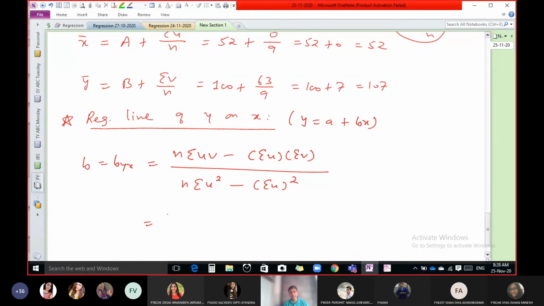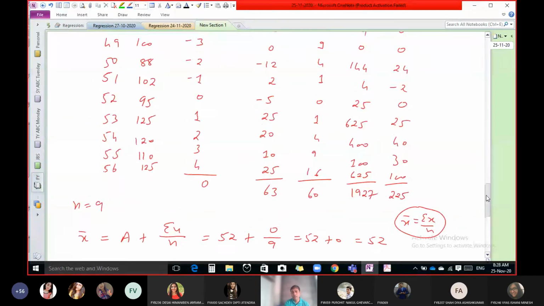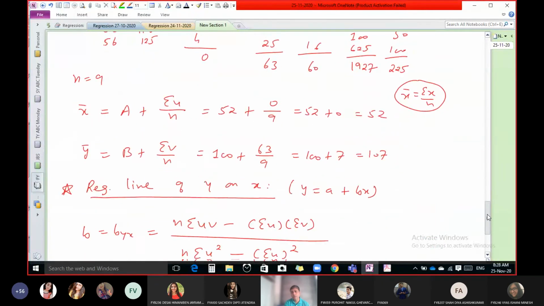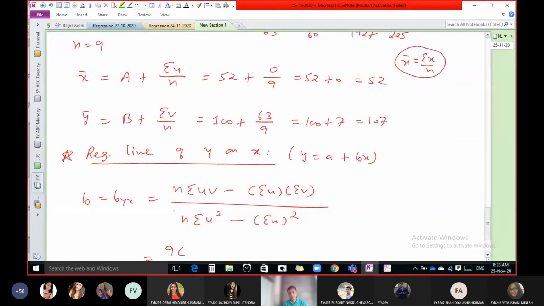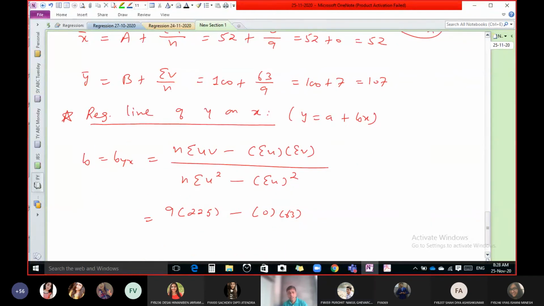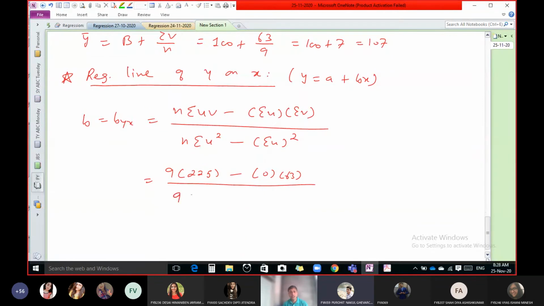Okay, what is n? 9. Sigma u into v is 225, minus sigma u is 0, sigma v is 63, divided by 9 into sigma u square, that is 60, minus sigma u, that is 0, the whole square.